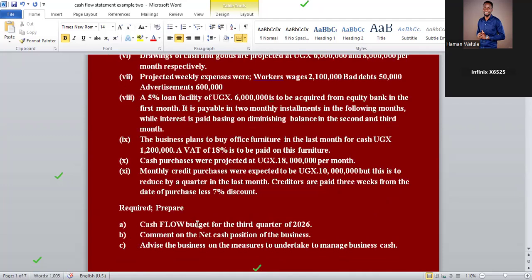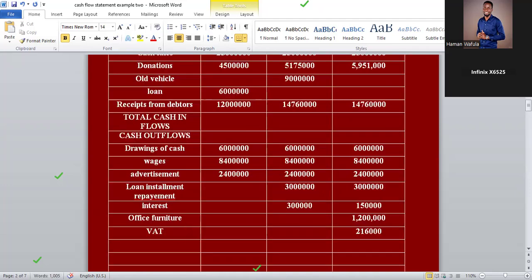Cash purchases, 18 million per month. So we'll have our cash purchases. Million per month.